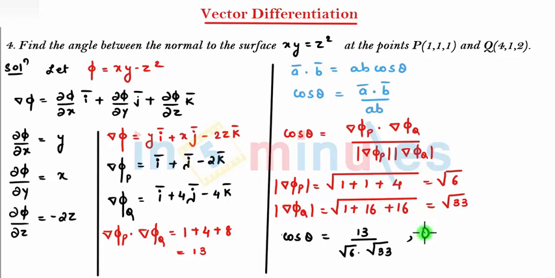Therefore the angle theta is cos inverse of 13 divided by root 198. That comes to be 22.50 degrees. So the problem is completed.